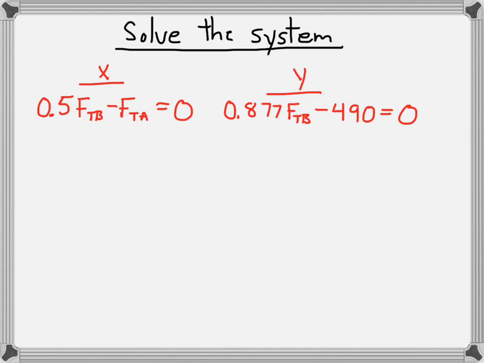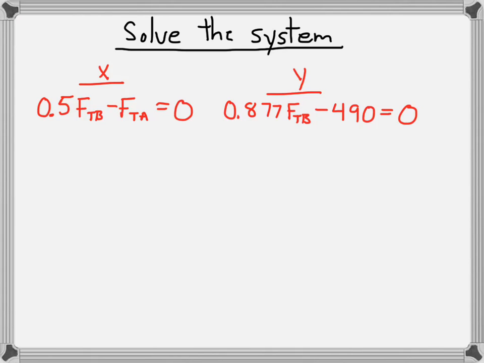So probably the best way for me to solve this system of equations is by what's called substitution, which means I'm going to solve this equation for the tension force in chain B and then substitute that into this equation right here so that I can find the tension force in chain A. Well, let's go ahead and go forward with that plan.